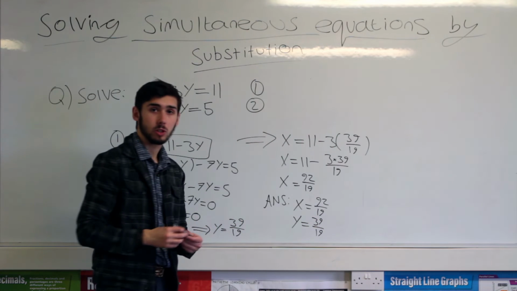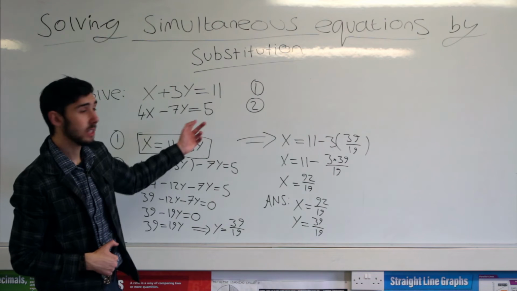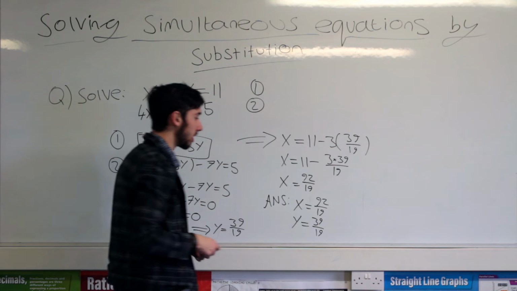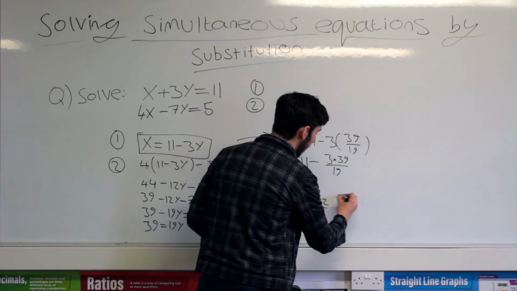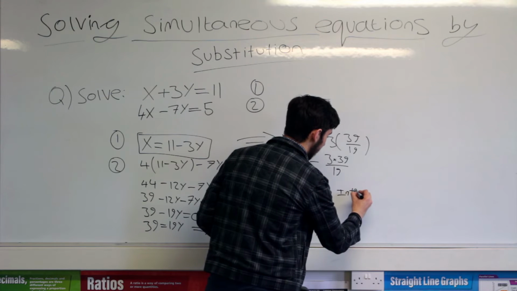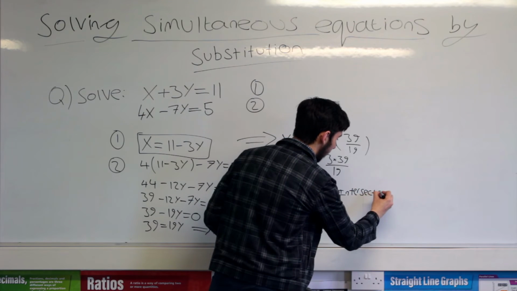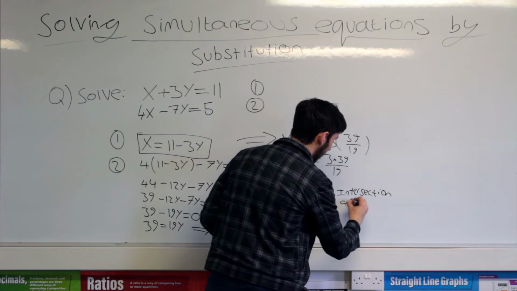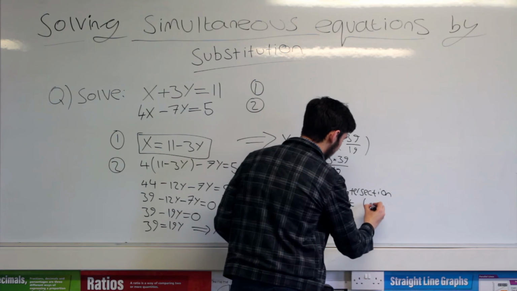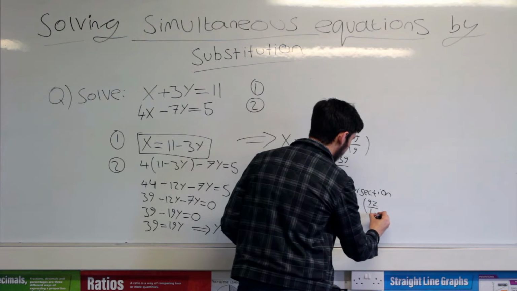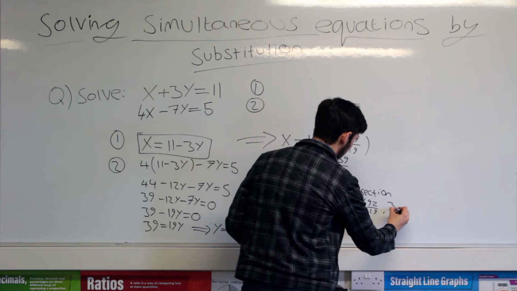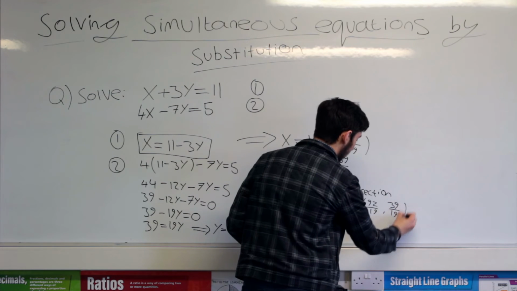So again, if the question asked you, hey, where do these lines intersect? What would you say? You would write intersection of lines at 92 over 19, 39 over 19. Why?